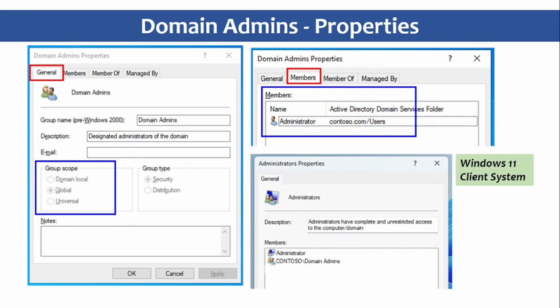And this is a Windows 11 client system, and we have opened up the properties of the local administrators group, and we can see that domain admins is by default the member of the local administrators group on every domain joined computer.